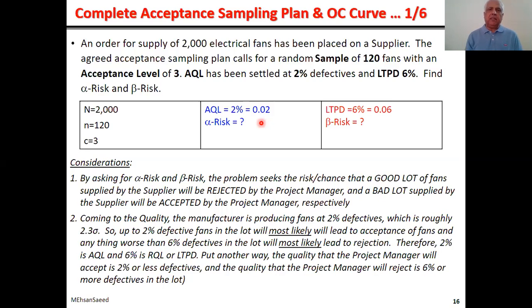On the other hand, the customer, the project manager, is willing up to 6% defectives, but anything beyond that is surely heading for rejection. So that is the scenario, and let's now do this question to find how much risk the seller is facing in the form of alpha risk and how much risk the buyer is facing in the form of beta risk.